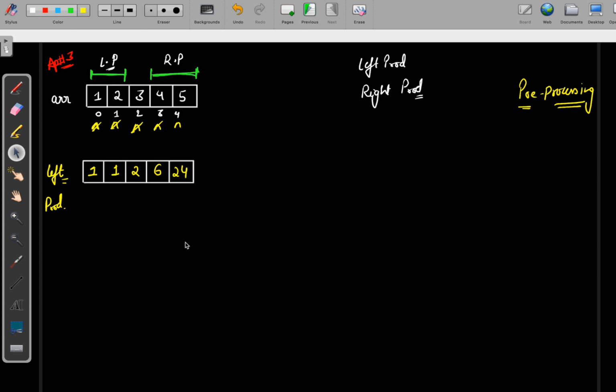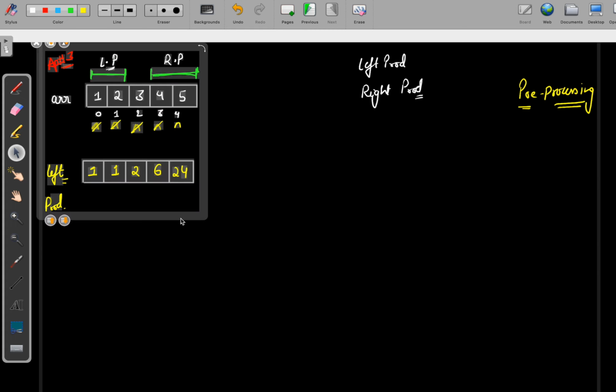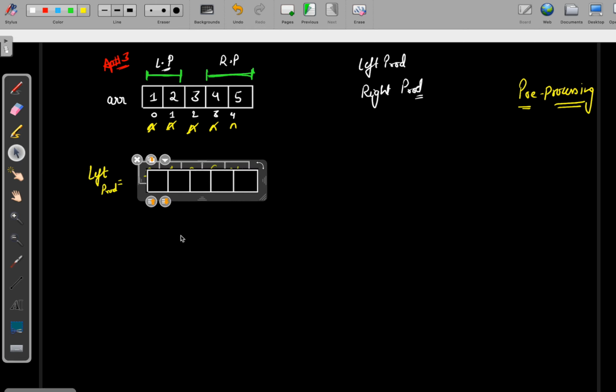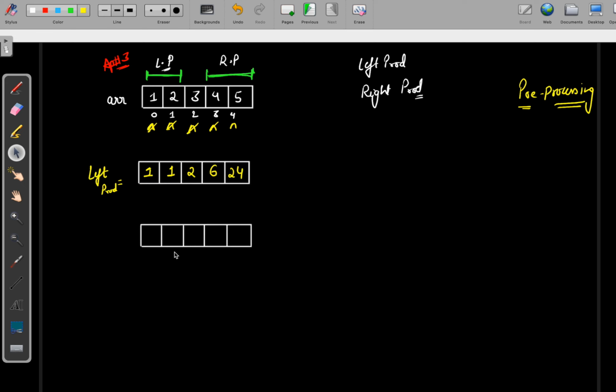Similarly, can I find the right product? Put this into the center. So this is the left product. Similarly, can I find the right product of the elements?